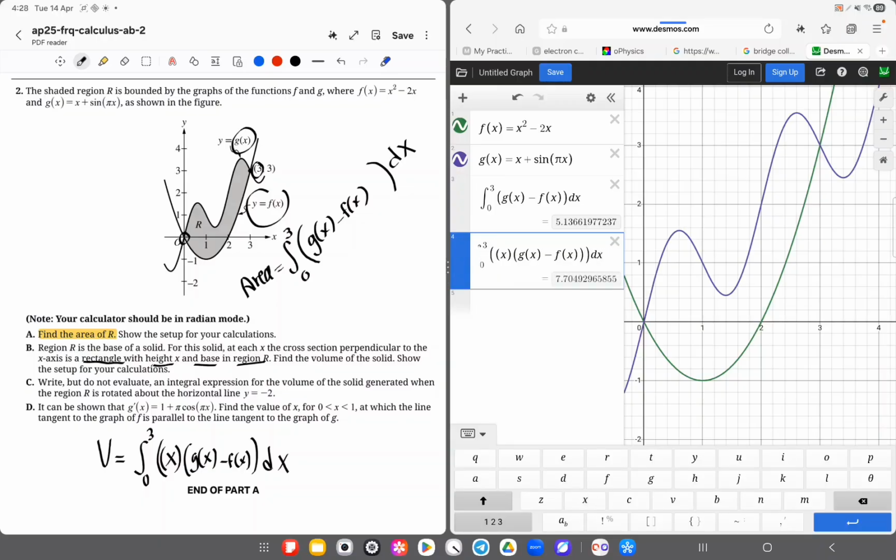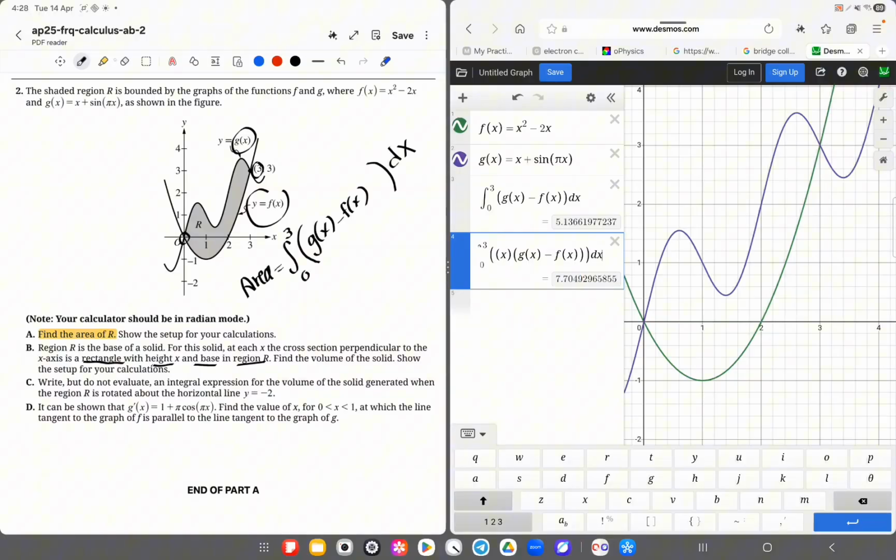I got 7.7, 7.704. You must always report to 3 decimals. You can round or not, it's up to you. So either write 7.704 or you can write 7.705. They're both accepted in the exam.